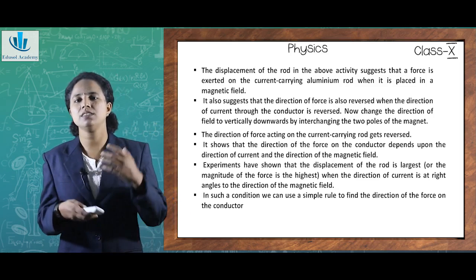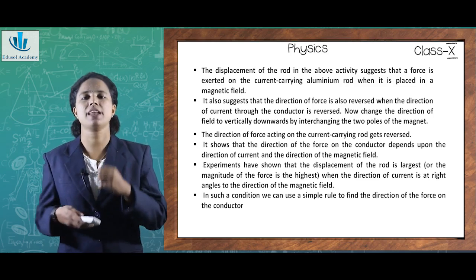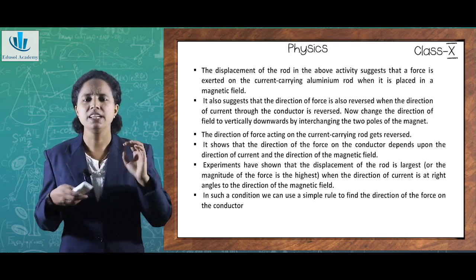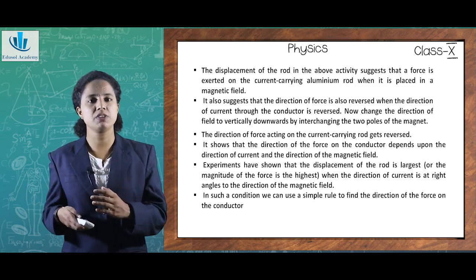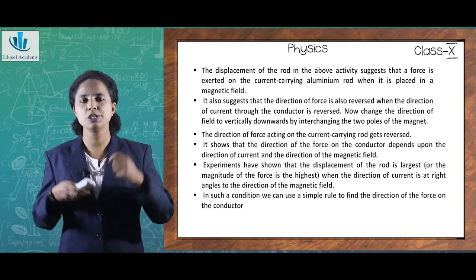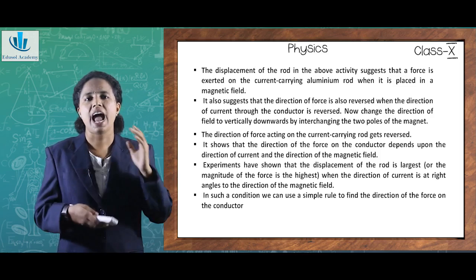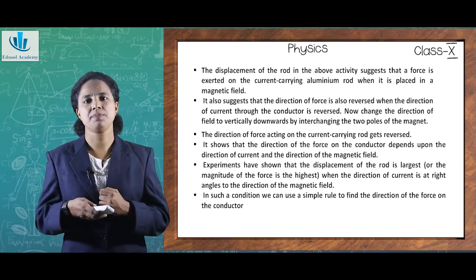Another thing we can infer from this activity is that the direction of force is reversed when the direction of current through the conductor is also reversed. So the direction of force and the direction of the current have an effect on each other.